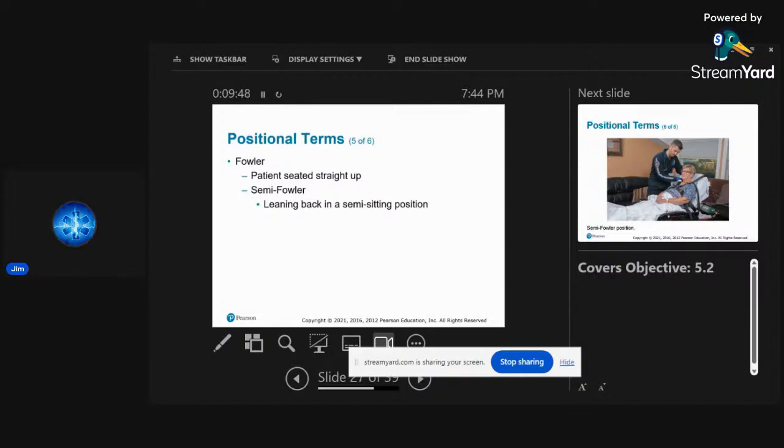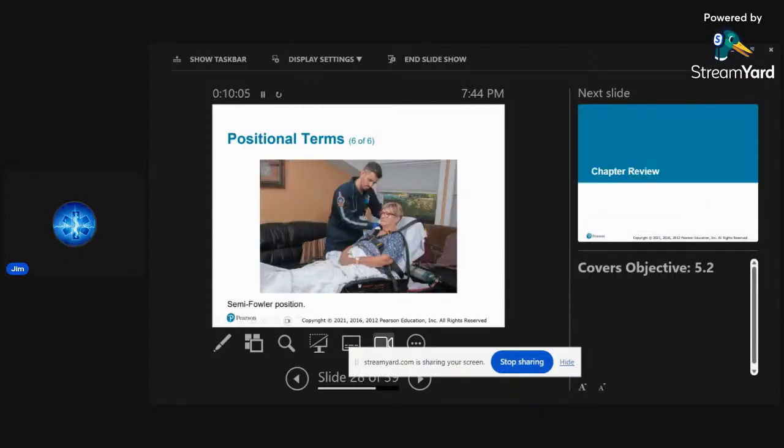If you have C-spine involvement, they're going to be transported supine on a backboard. Whereas if it's non-C-spine involvement, if we don't worry about a head, neck, or back injury, we'll usually put them in a semi-Fowler's position. And there's a good picture of a semi-Fowler's position. And you see him all secured with all the straps as well.